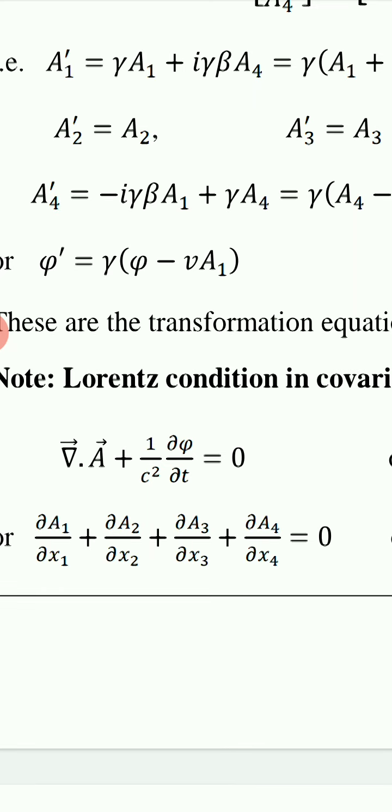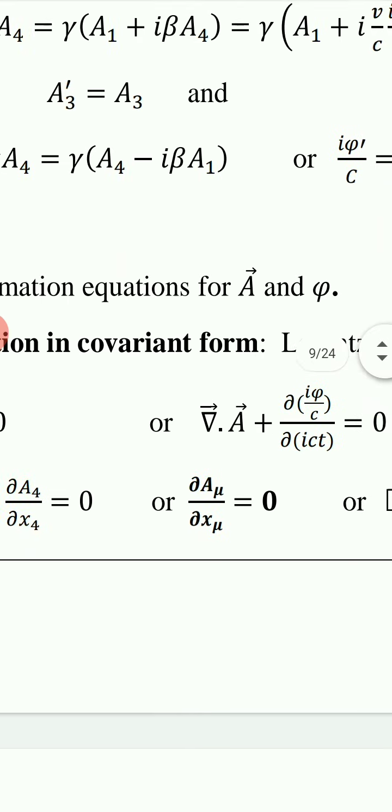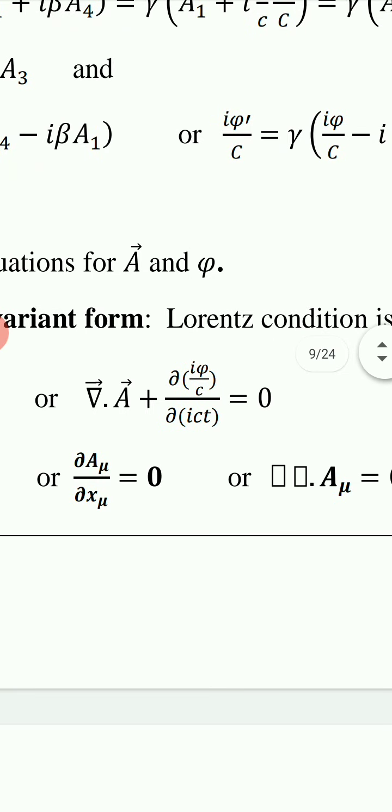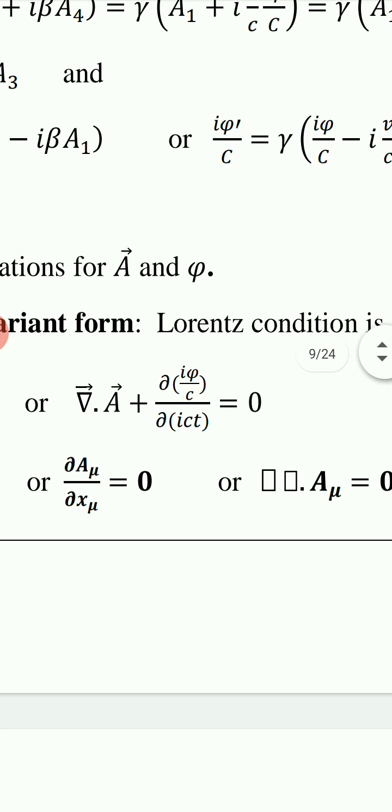This left hand side can be written as delta A mu upon delta x mu equal to 0. Here summation is for mu, and the values of mu vary from 1 to 4. Values of mu are 1, 2, 3, 4, and summation is for mu. Or we can write it as del dot A mu equal to 0.